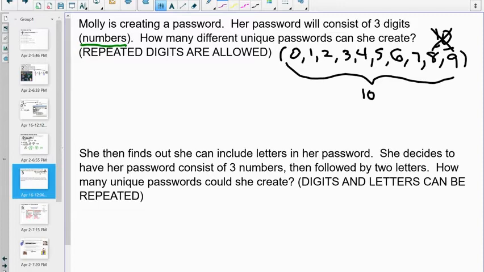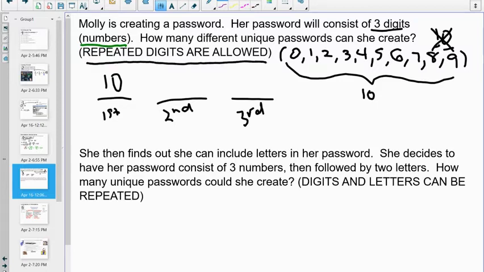Okay. So again, I always like to fill out my little hangman slots. So we're doing 3 digits, so that means it's going to be 3 slots. So if you count out how many options there are for that first digit, there's 10. Second and third. For that second digit, there's still 10 because that key phrase repeats are allowed.